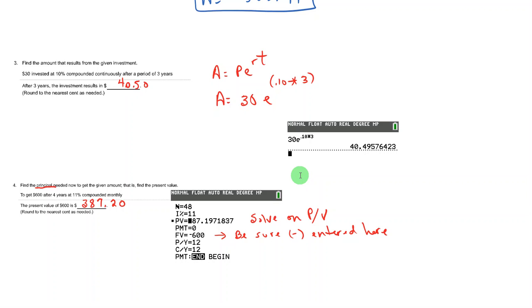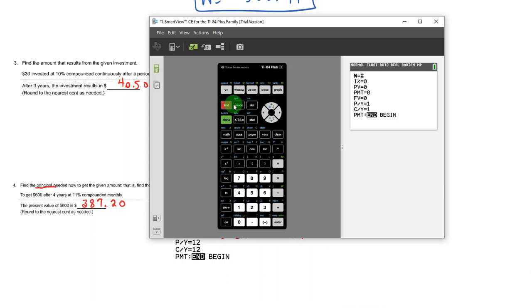All right, find the amount that results from the given one. This is continuously. You cannot do the app when it says continuously, so we have to use this. So $30 invested at 10% compounded continuously, for a period of 3 years. We have 30 times e to the 0.10 times 3. When you put it in your calculator, let's just go here, second quit.